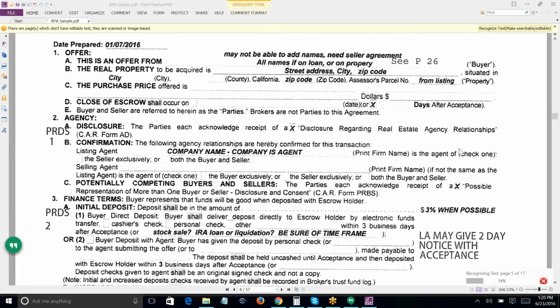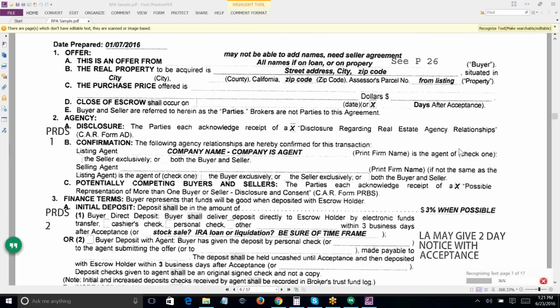So if you're a fussy listing agent, you might go ahead and give what's called a 2-day notice to perform before the 3 days is up. What that means is, if I'm the listing agent, I don't even want to change the status from active to a pending or a contingent status until the money's in escrow.